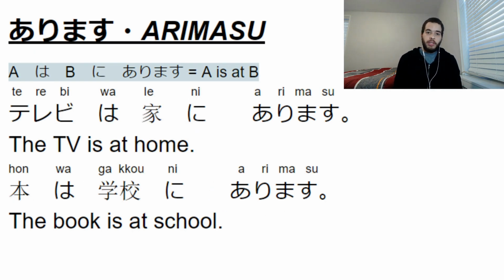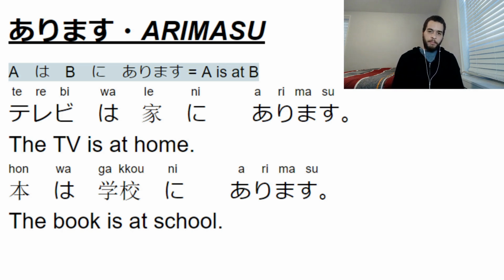Now I wanted to show you that you could also reverse the word order in Japanese when you're talking about locations and objects. So let's take a look at these examples. テレビは家にあります. テレビ TV 家に home at あります have. TV home at have.